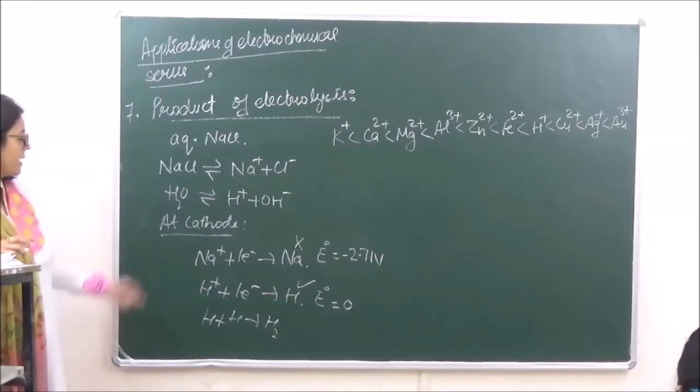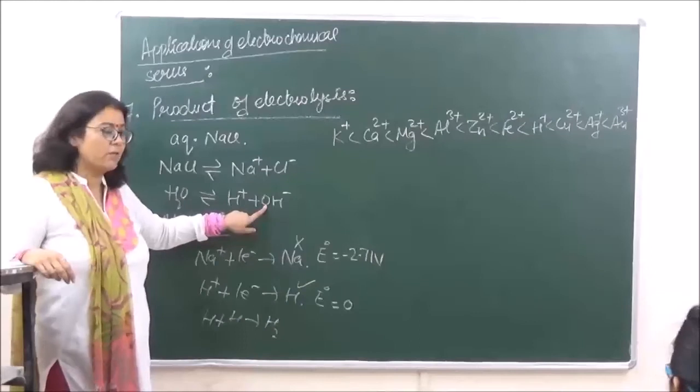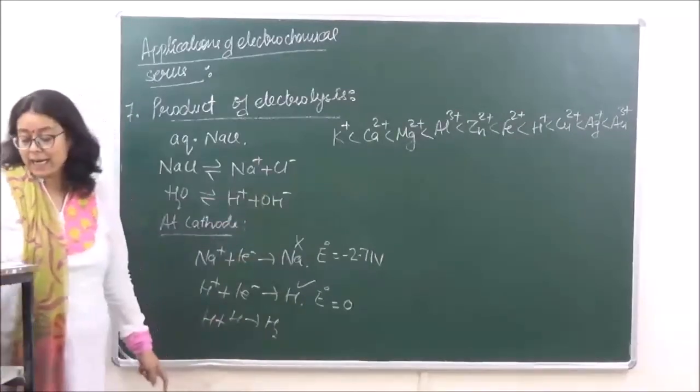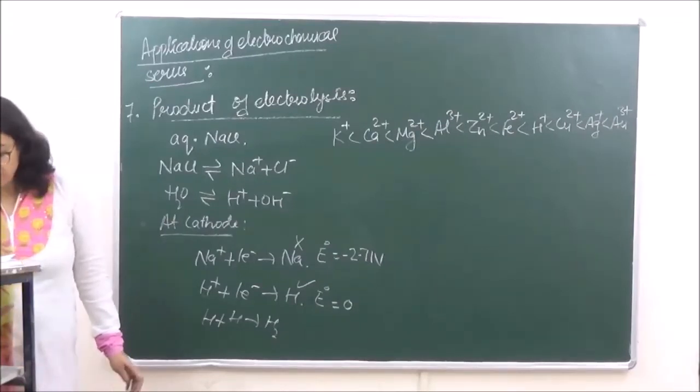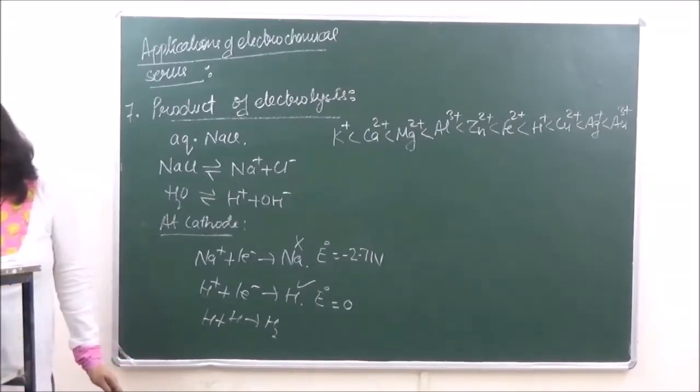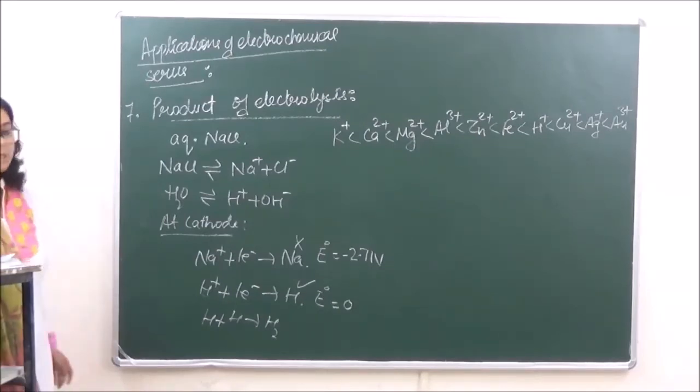Then in case of anions also, over here you can see that there is Cl negative and there is OH negative. So chlorine has an electrode potential of how much? The electrode potential for chlorine is 1.36.